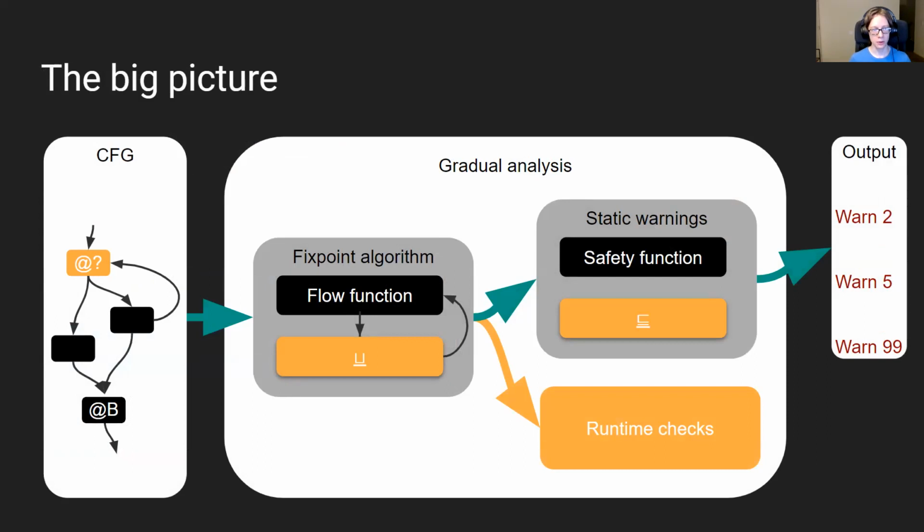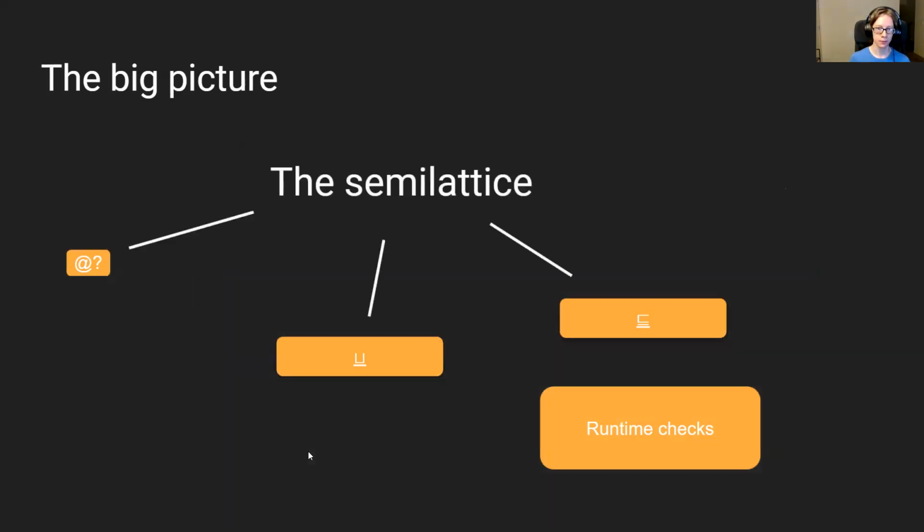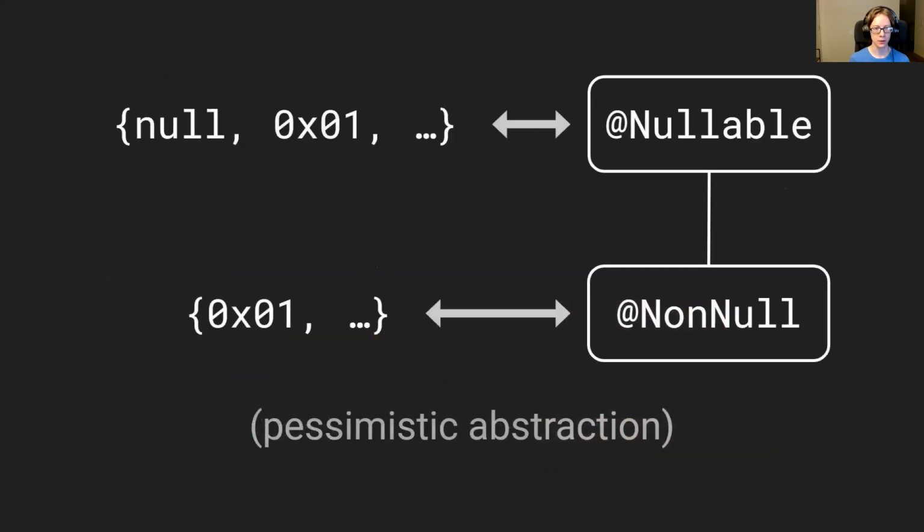So instead of having 2 abstract values, we're actually going to have more. The other aspect of it is that instead of only giving static warnings to the programmer when something isn't right, we will also allow ourselves to modify the program to insert runtime checks. So again, this is the semi-lattice, but we also need to have this additional piece where instead of just giving static warnings, we also insert checks.